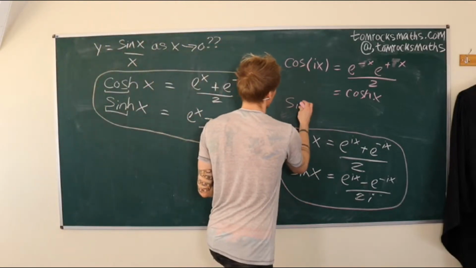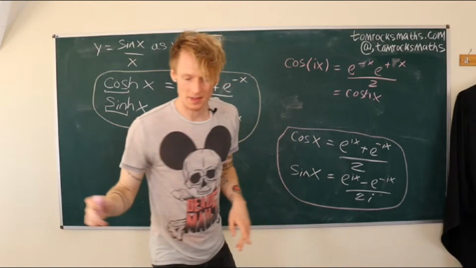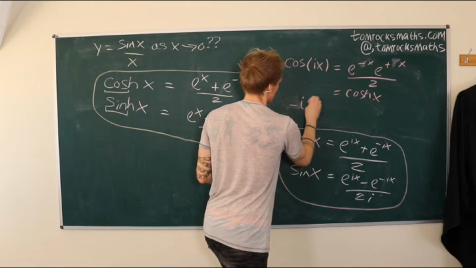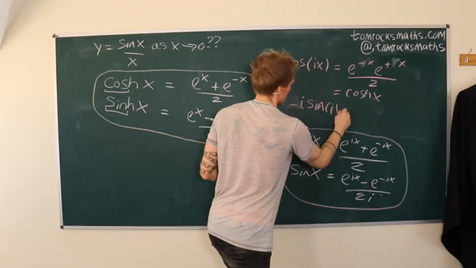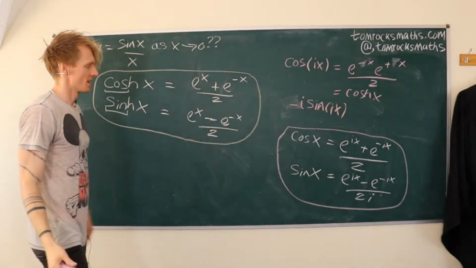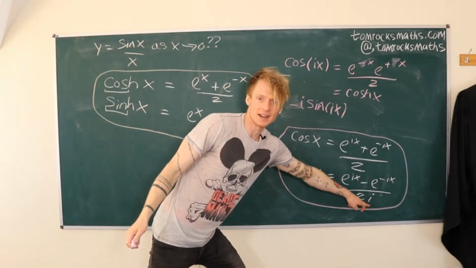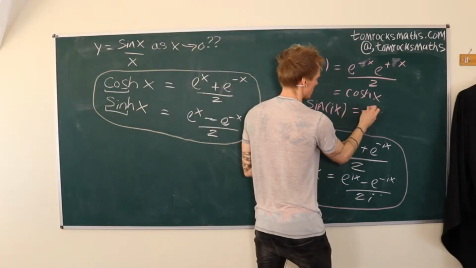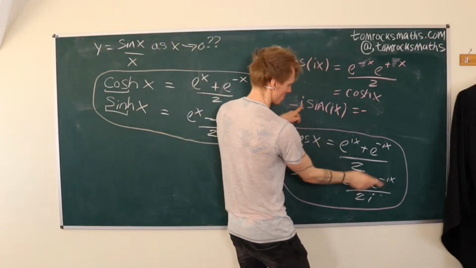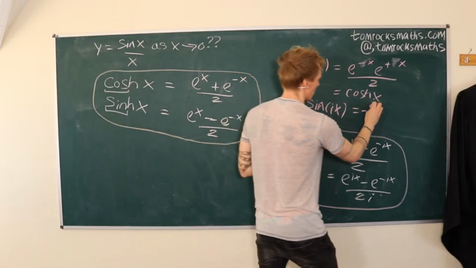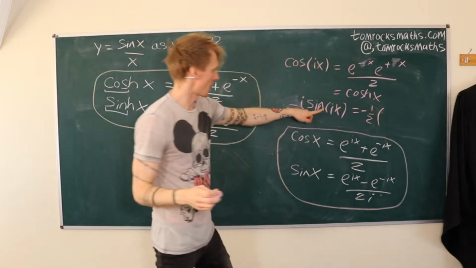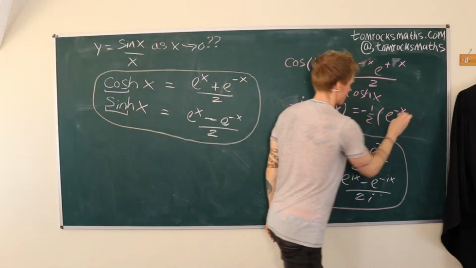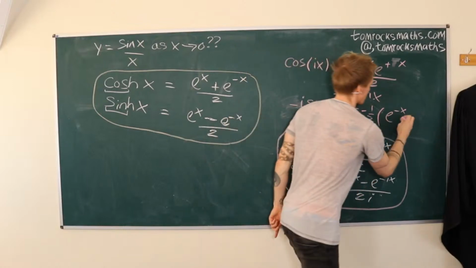So for sine, I think this is what Joshua said actually, you do minus i times sine of ix. We have to multiply by the i to get rid of the denominator. So we're going to get minus i, and then the i's on the bottom have disappeared. We've still got the half. And then we need sine of ix, so that's going to be e to the minus x minus e to the x.